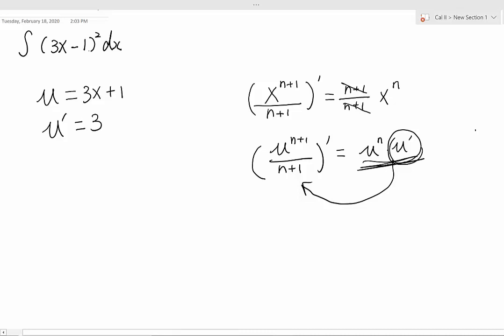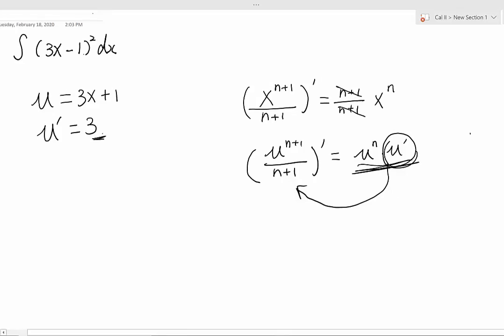So now I'm looking for 3, which is basically u prime. Do I have it? I don't have it, right? Because let's look at the function we started with, (3x minus 1) squared dx. That's going to be our u squared.